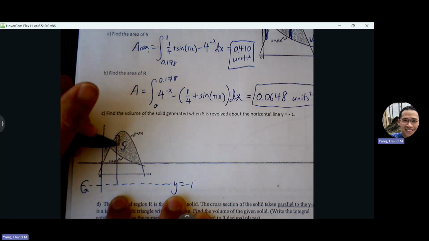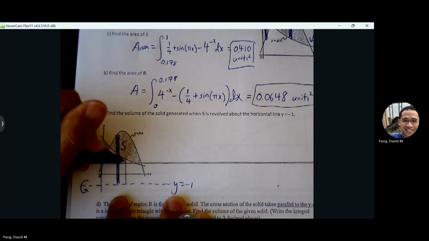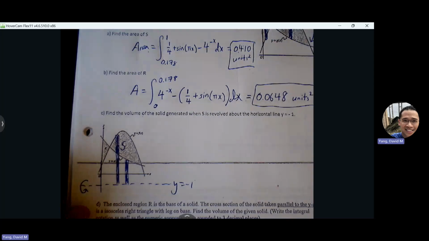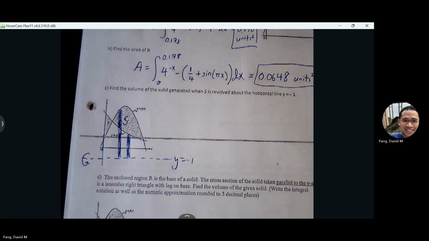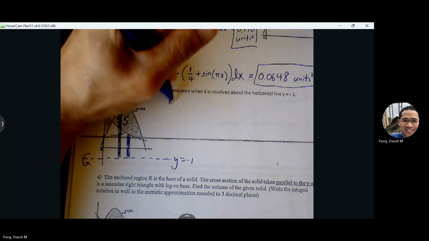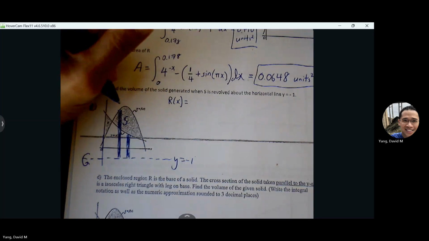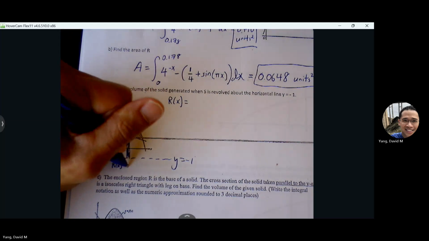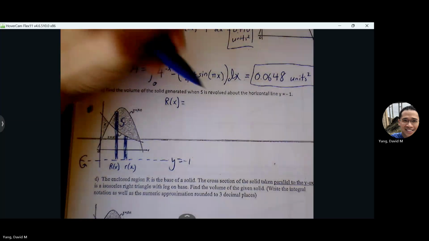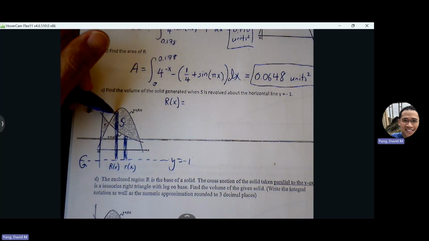Draw your true radius. Okay, so the top of my big radius is sitting on the sine graph.